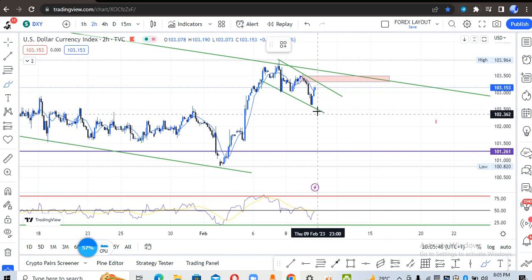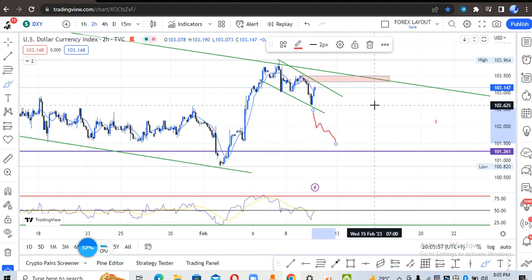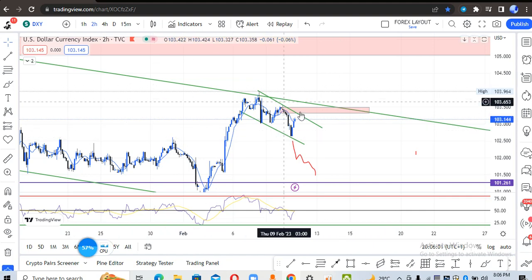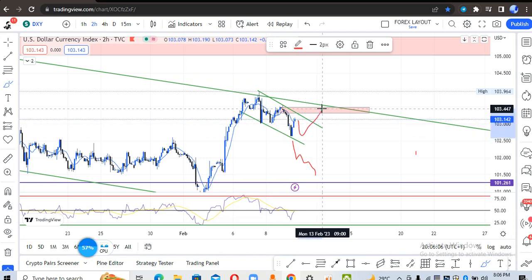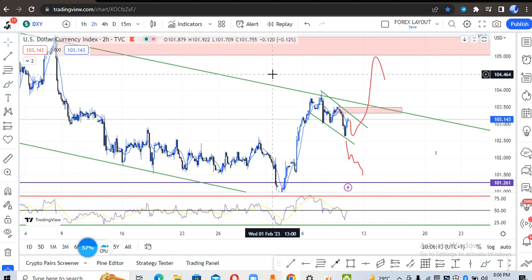Now if we see a breakout of this channel, then we're going to see Bitcoin and GBP USD pump upwards. But if we see something like this, which I think is very possible, we can see some kind of breakout of this channel and go to test this level, thereby creating a dump in Bitcoin and also a dump in GBP USD, and that will push Bitcoin to the 21,600 I'm talking about.